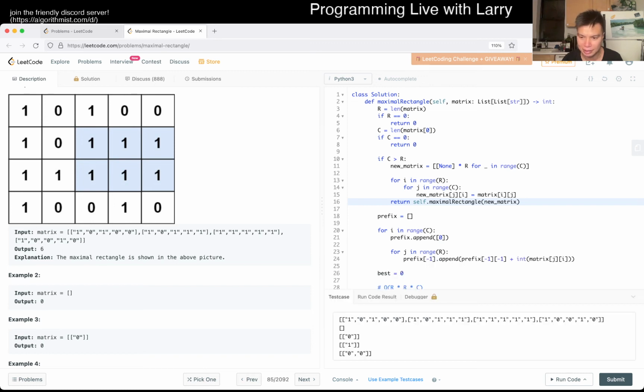So let's take this input and transpose it. But that's going to be actually a little bit or a lot annoying to do. So let's just do it manually then. I guess it really doesn't matter what the input is, right?